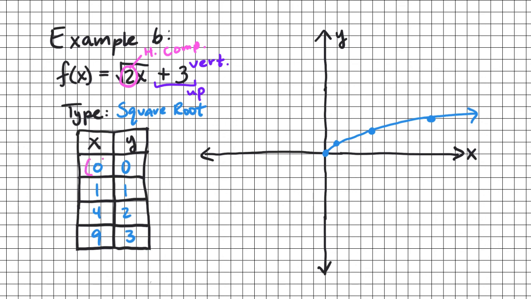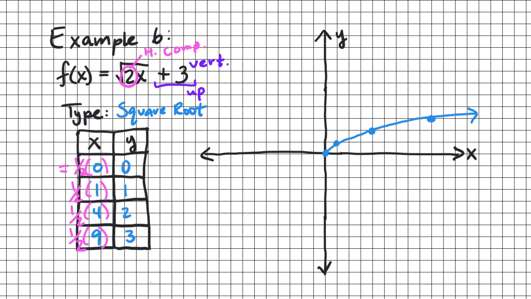So it's going to affect all the x values, so I'm going to put them in parentheses. And since it's inside, remember we do the opposite. What's the opposite of multiplying times 2? Dividing by 2. So we're basically multiplying all of these times 1/2.